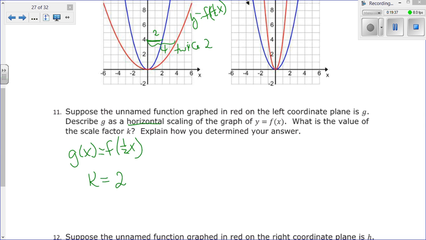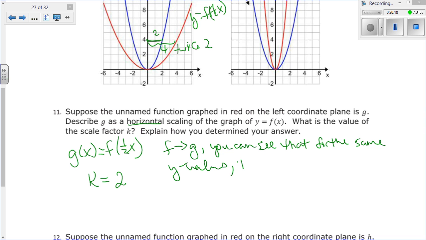And we determine this because, let's see here, for the same y value, so looking at g of x, comparing points of f to g, you can see that for the same y values, the x values of g are all twice the x values of f.